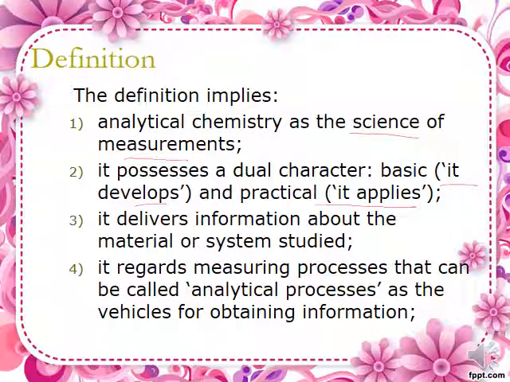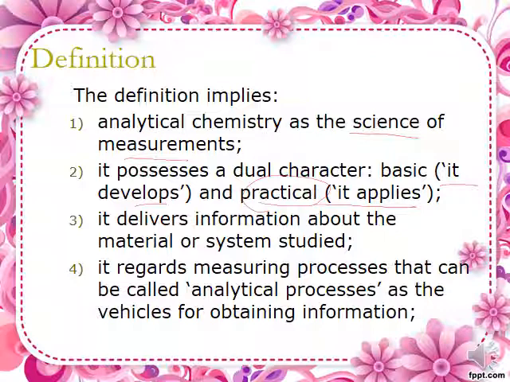So for example, nowadays we can measure pH of any solution, because the method has been developed on how to measure pH of a solution. So measuring pH is the practical part or the application part, and then the method used to measure the pH has been developed in the past by the previous chemists.